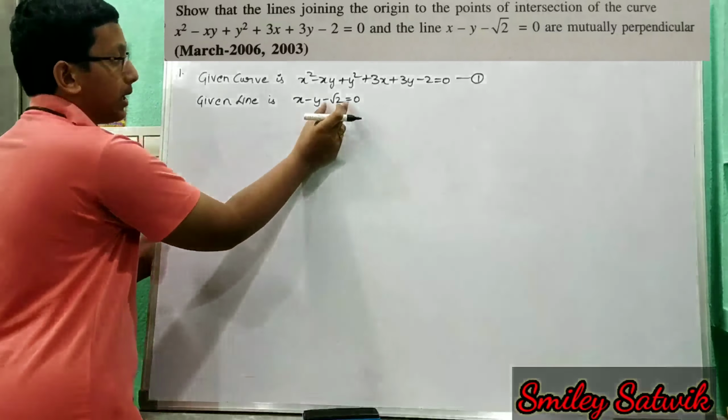Now you should write this line: let (a, b) be the point of intersection of equations 1 and 2 joining OA, OB, homogenizing 1 with 2.